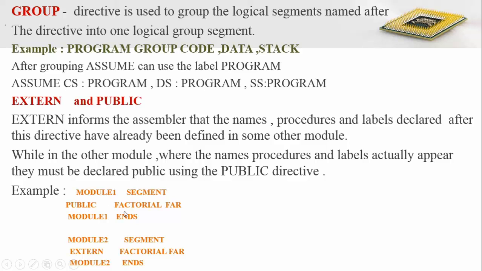Here, public factorial indicates that its specifier is public, so it can be accessed by any module in the same program. So for accessing from other modules, make it public, and while accessing from another module, set its type as extern. This indicates that we are going to access factorial, but it is already defined somewhere in another segment. So public and extern are always related.